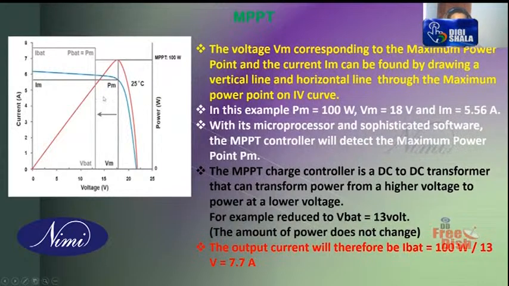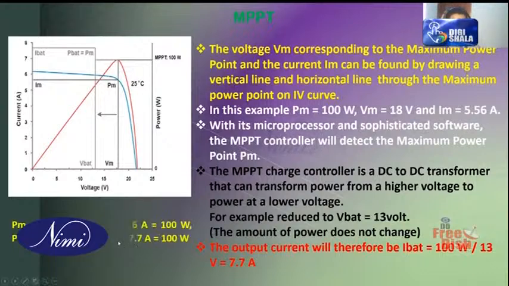So whenever the module is producing more power, that will be tracked by MPPT, and it will be operating at the maximum power. That means the IM, VM will correspond to the maximum power. That full power we are utilizing to charge the battery by fixing the voltage at 13, of course, but increasing the current correspondingly to 7.7.